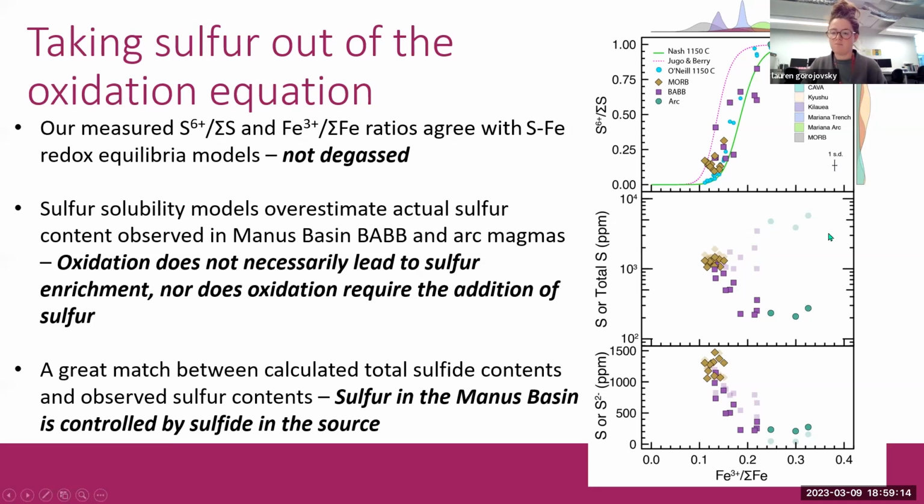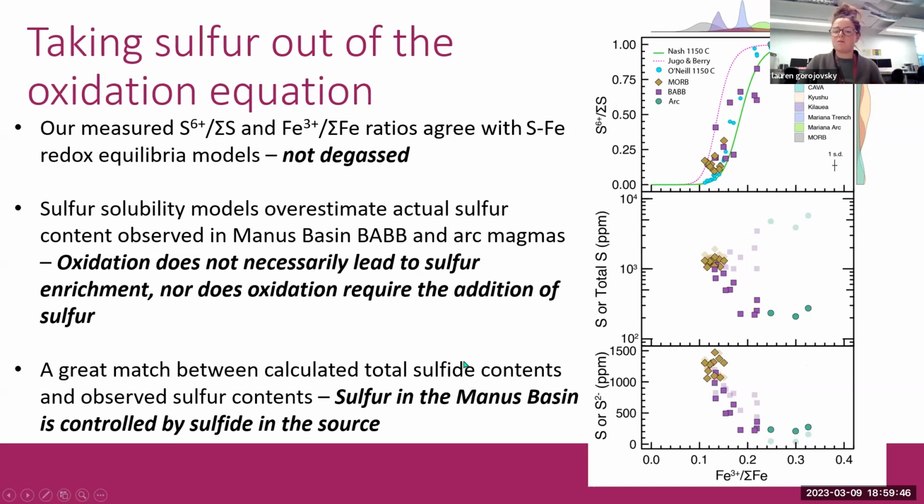The less bright points are the modeled contents, and the more colored points are my measured. For the mid-ocean ridge samples, the model reproduces quite well the observed content that we see for sulfur. However, for the back arc basin and arc magmas, there's a significant departure.